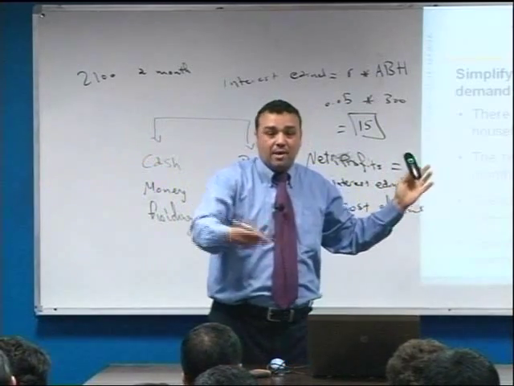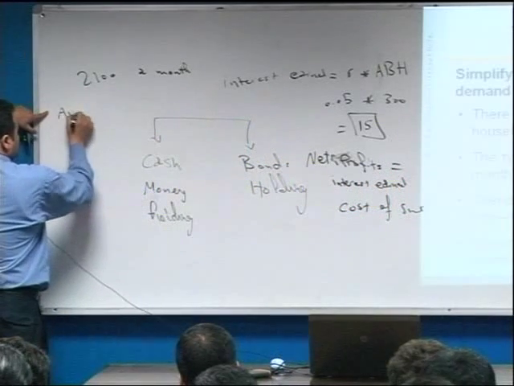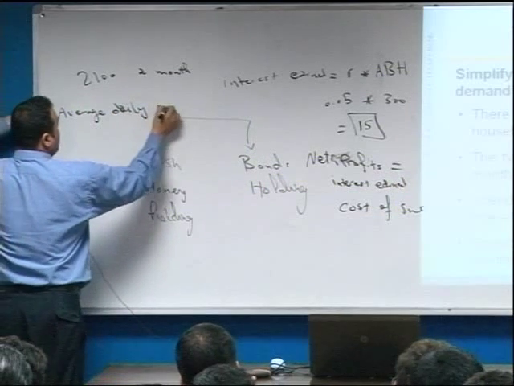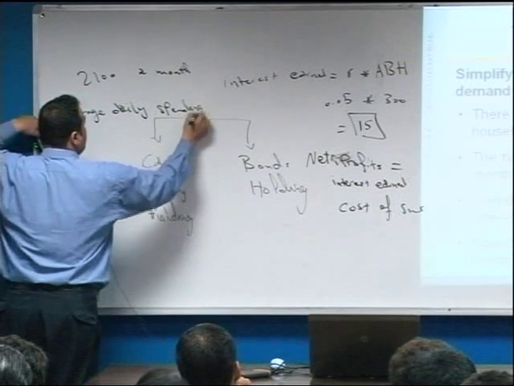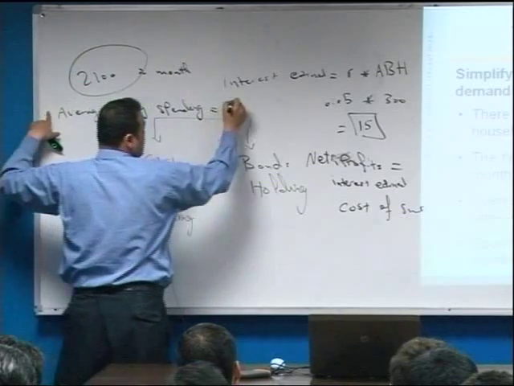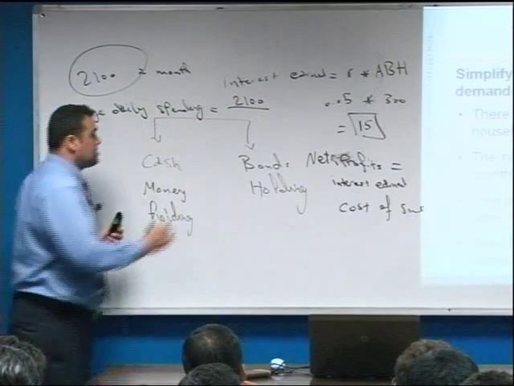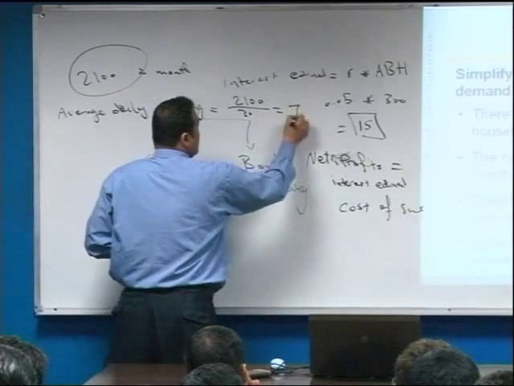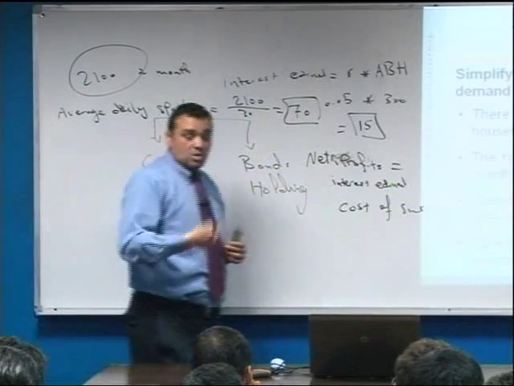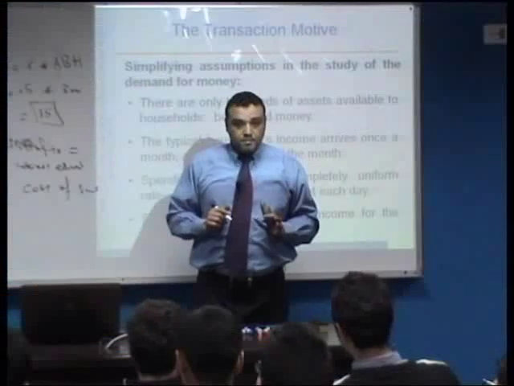The average daily spending equals the total income received, 2,100, over the number of days in a month, 30 days. This means that you spend $70 every day. Okay?